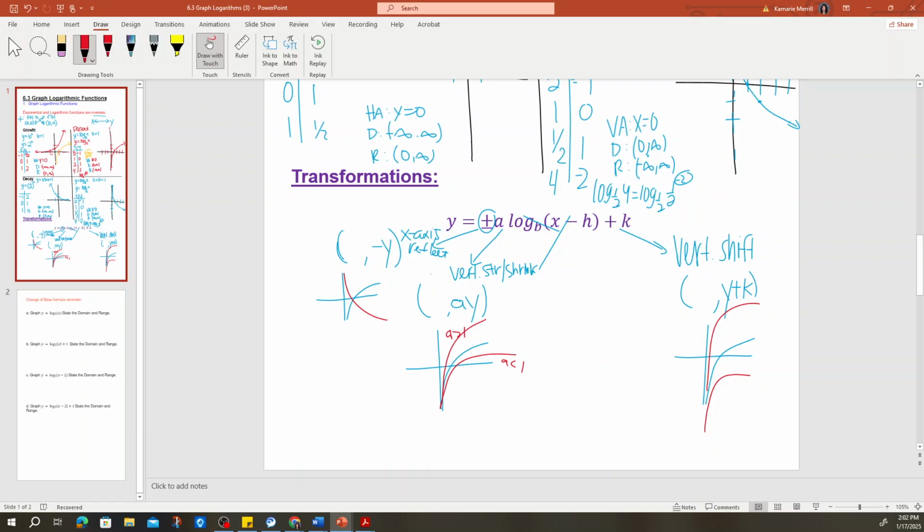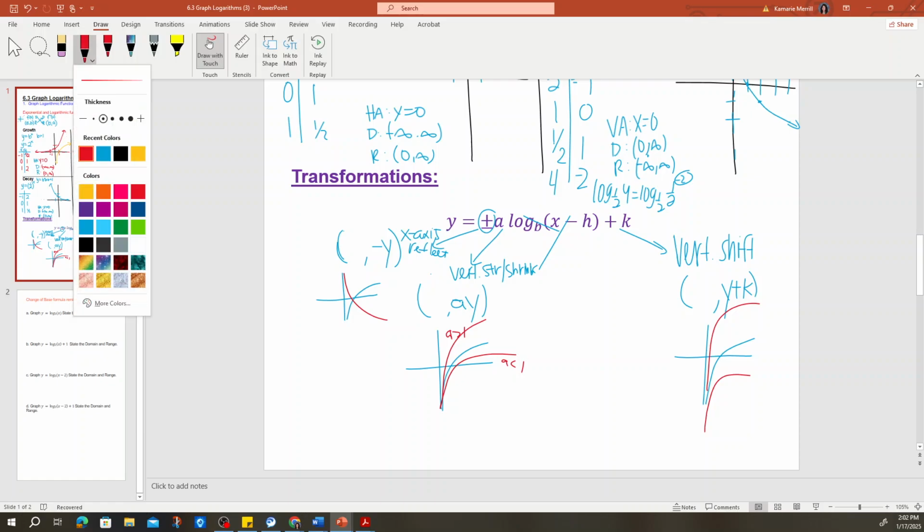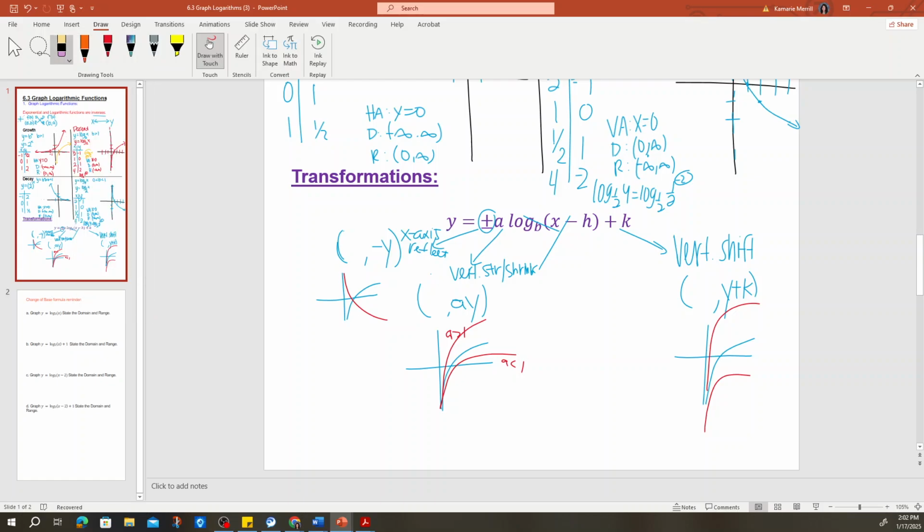Okay, now let's get into the x's, which I'm going to switch colors to maybe orange. Let's erase this though. All right, this affects a lot. It is our horizontal shift, which we're pretty used to. And we're also used to x's lying and y's telling the truth. So that will move my x's where? If it's an x minus h, it moves it plus h. What else is affected?